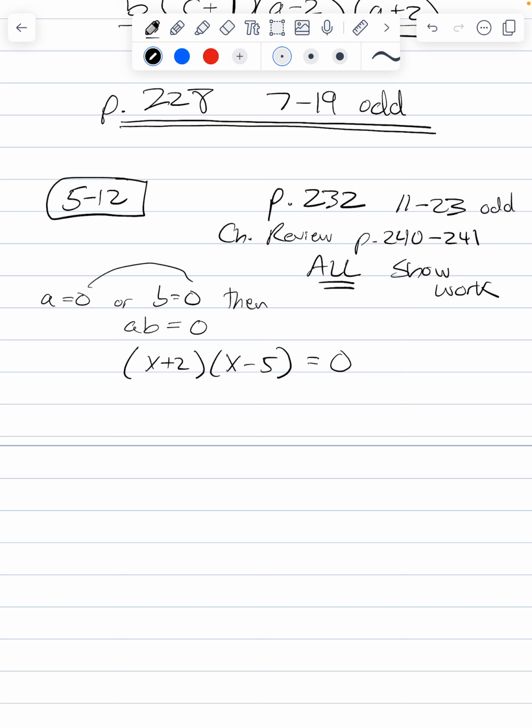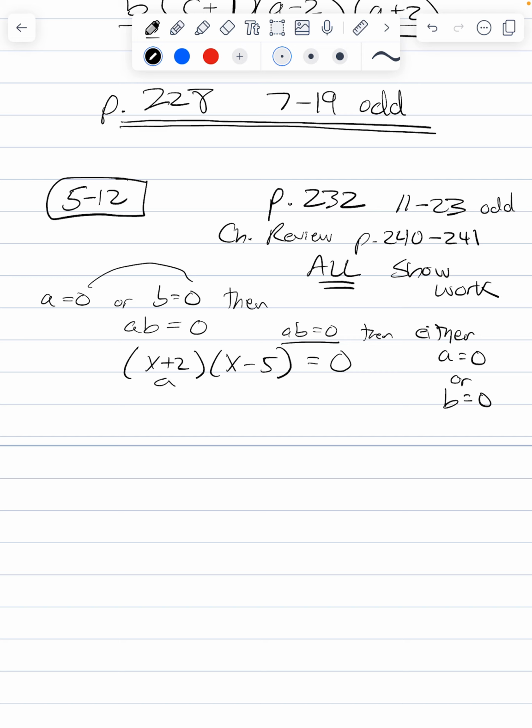And then the other conclusion we can draw from that is that if the product of AB is 0, then either A equals 0 or B equals 0. One of those has to be true if, as factors, their product is 0.